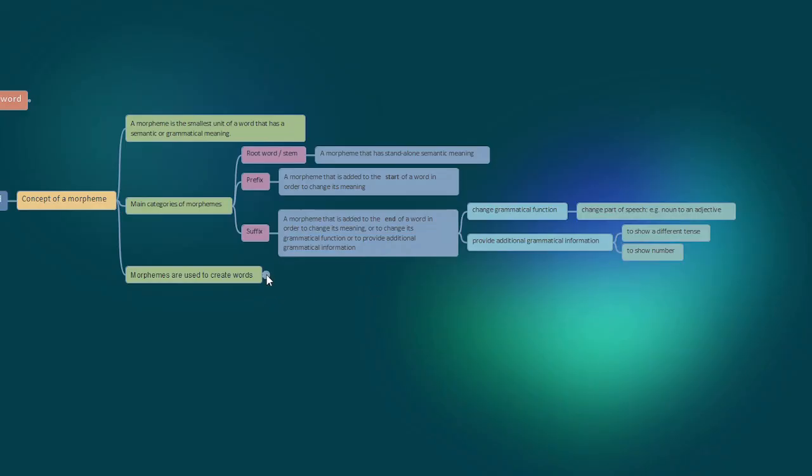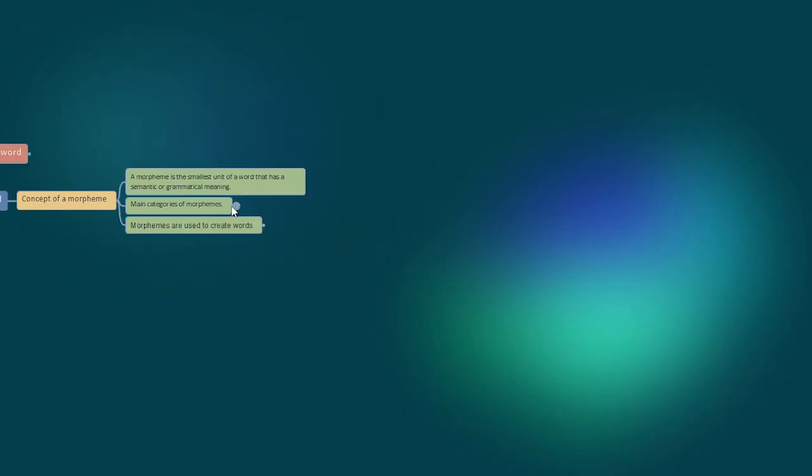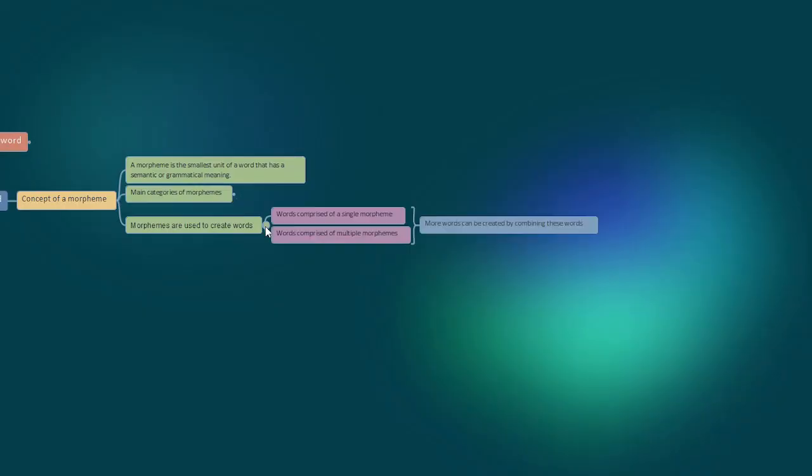Then we have morphemes. How do we use morphemes? They are used to create words. And you can either have a word that is comprised of a single morpheme, for example, the word child. It is only one morpheme.